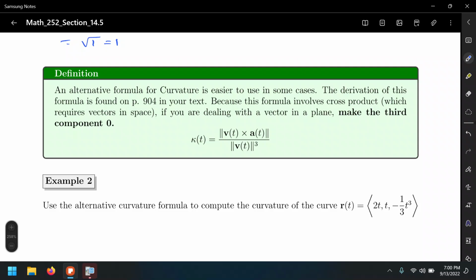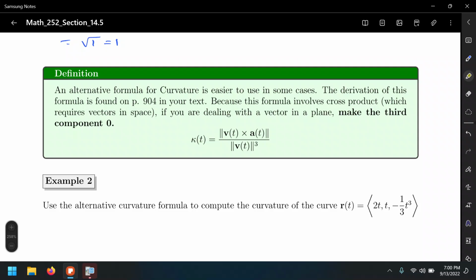But again, one thing to keep in mind is that the cross product between two vectors is defined for vectors in 3 dimensions. That's because finding the cross product involves computing the determinant of a 3 by 3 matrix, which wouldn't be defined for vectors in 2 dimensions, because that would give us a determinant of 3 rows and 2 columns, and we can't evaluate a determinant of a matrix that is not square.